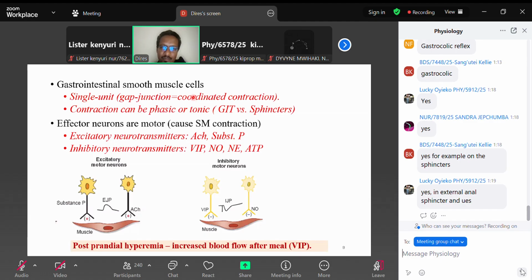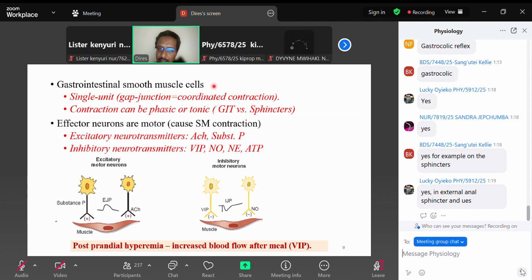where there is another place where a skeletal muscle is found. It is the external anal sphincter. Exit point in the anus. That sphincter, you know, the anal sphincter, there are two.